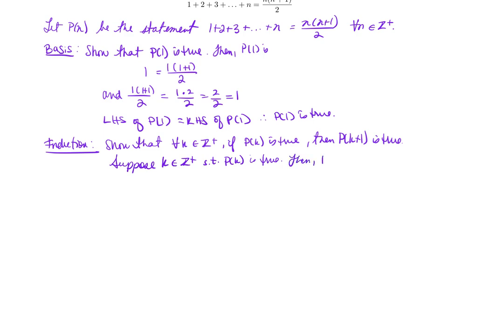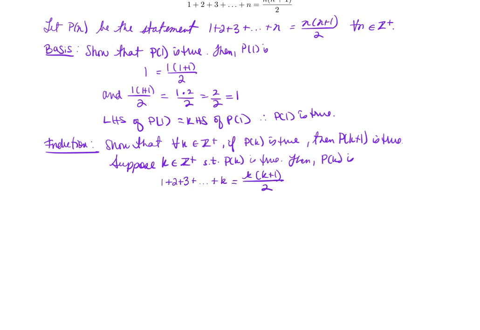Then we can define P of k by saying P of k is, and now we're going to go back to our P of n statement, and anywhere that we have an n, we now will turn it into a k, just like we were using function notation. So we would say 1 plus 2 plus 3 plus our sum all the way up to the kth term is now equal to k times k plus 1 all over 2.